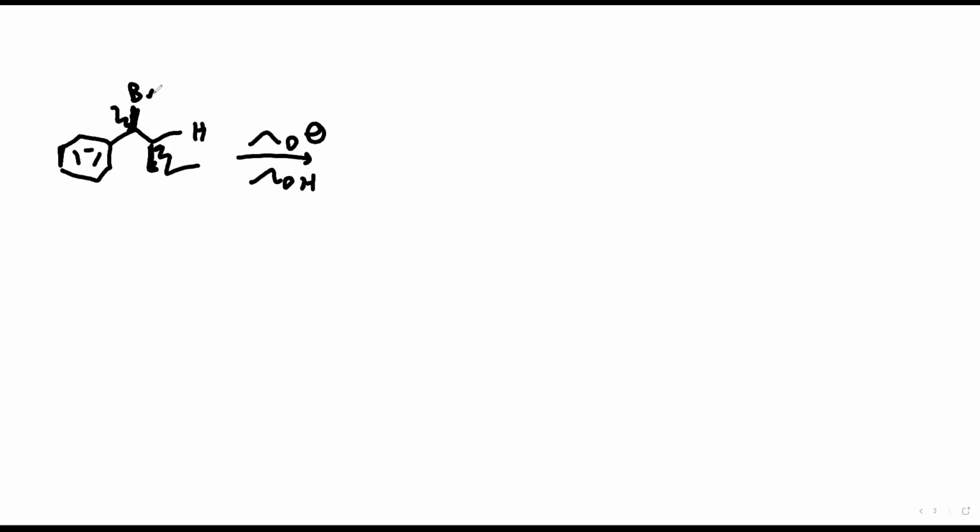Again, Br and H are not anti to each other, and they're also not cis to each other, so I'm not confident using the trick, but I can do a little rotation here. I'll use a different color just so it stands out. But H, so Br is a wedge, so I want H to be a dash. Dash will go to wedge, and then wedge will go to plane. Right, so this center here will stay the same.